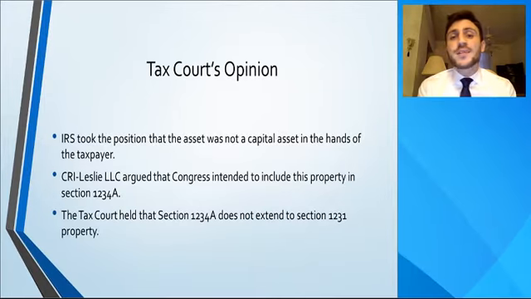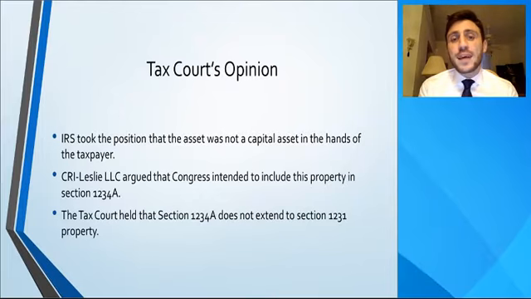The IRS said they were not entitled to capital gains treatment because the asset was not capital in the hands of the taxpayer. They cited Code Section 1221, which specifically excludes Section 1231 property from being a capital asset, and therefore Section 1234A would not apply.